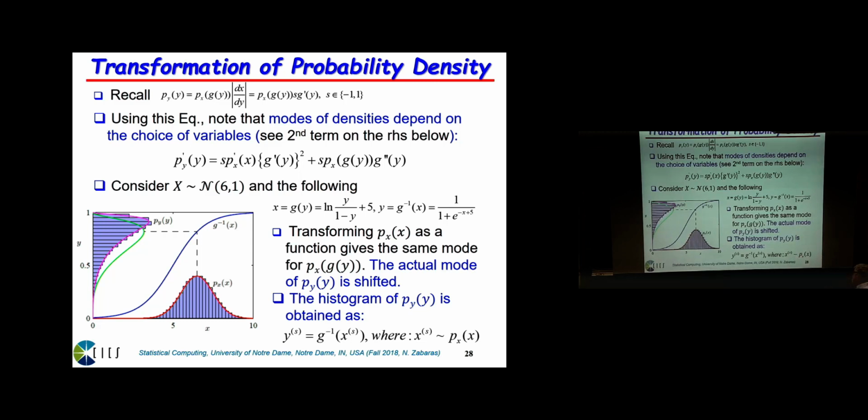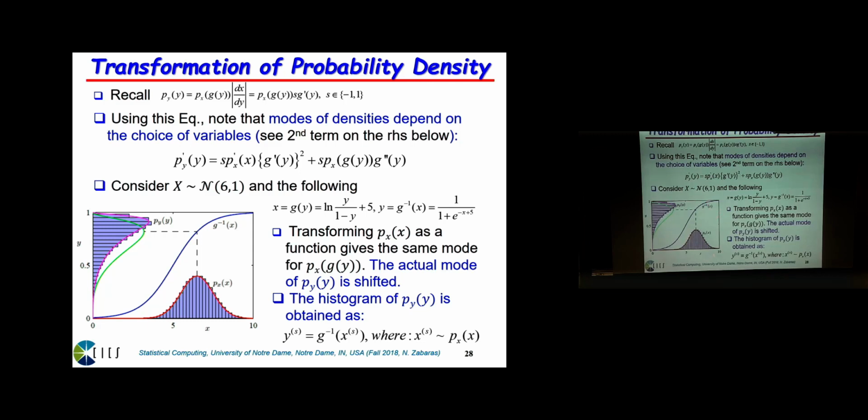If you work sample by sample, so you sample x and use the nonlinear transformation to find y, then you will come up with a histogram that deviates from what you would conclude by simply using p of x as a function and transforming it by y equal to g minus 1 of x.